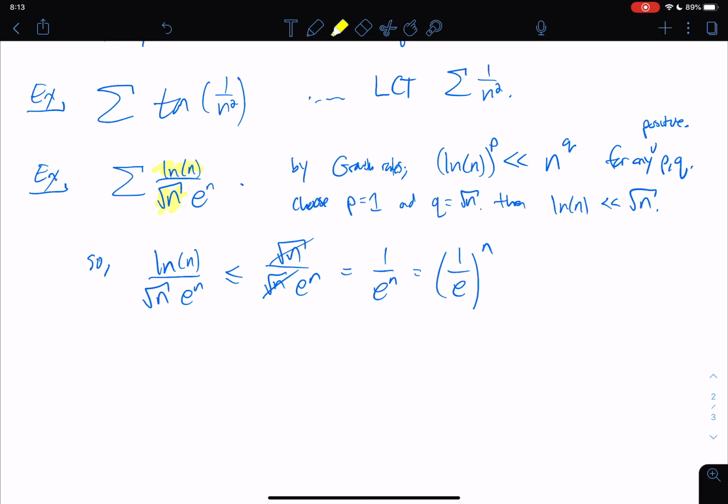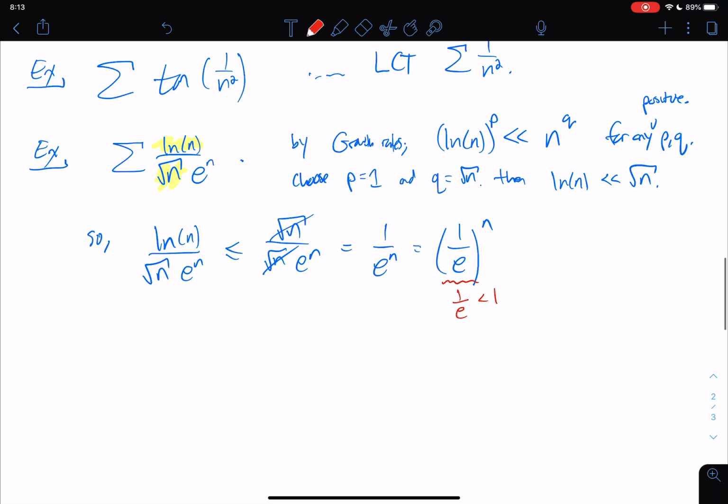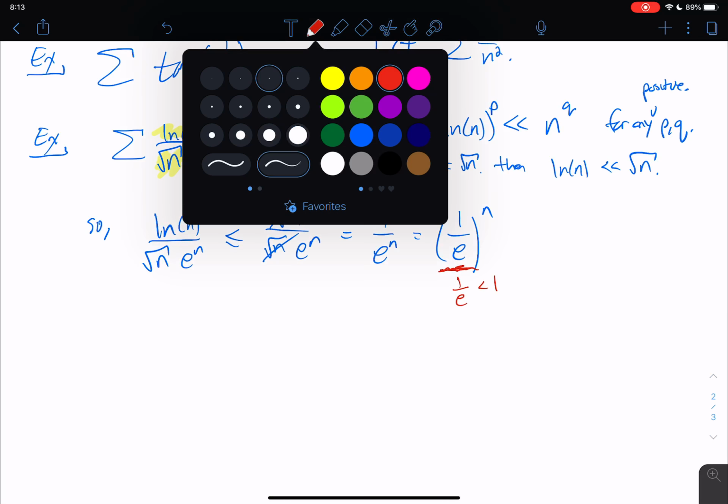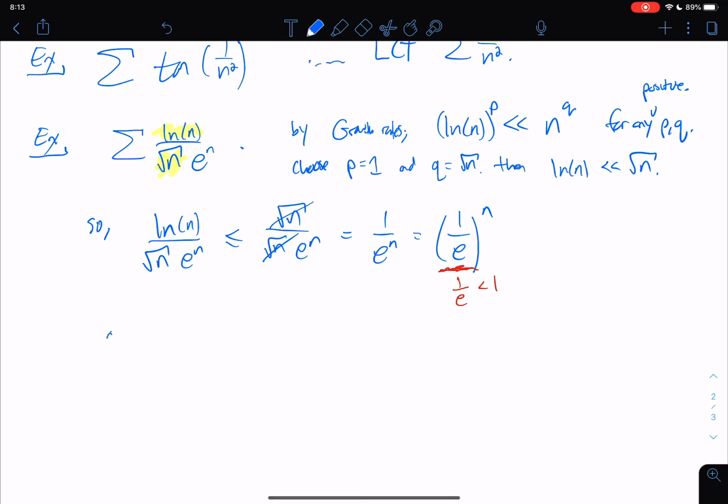But notice that 1 over e is less than 1. So this is a geometric series with common ratio 1 over e, which is less than 1. So the sum of 1 over e to the n is a convergent geometric series.